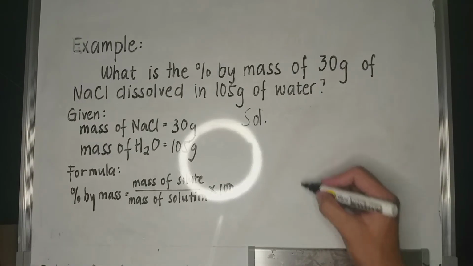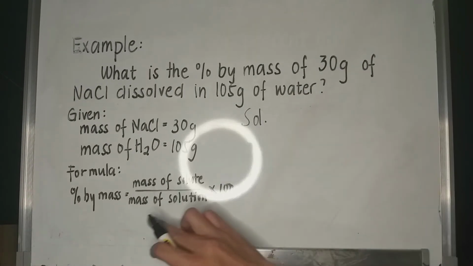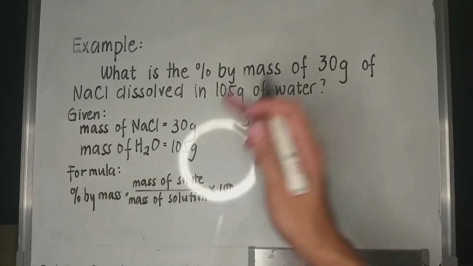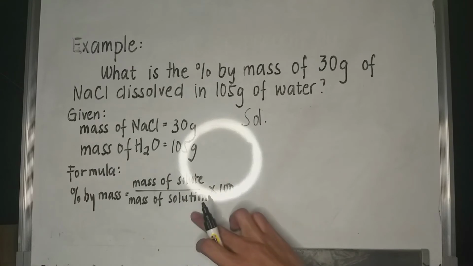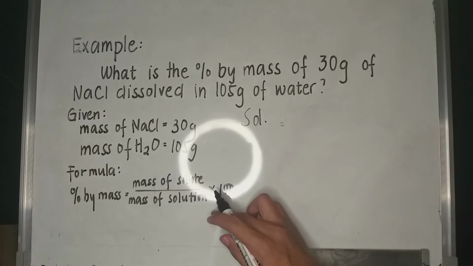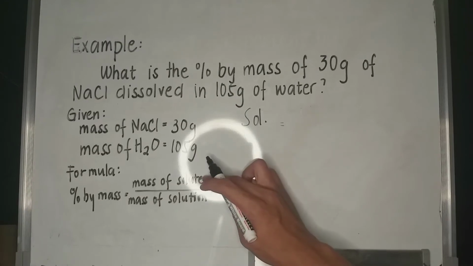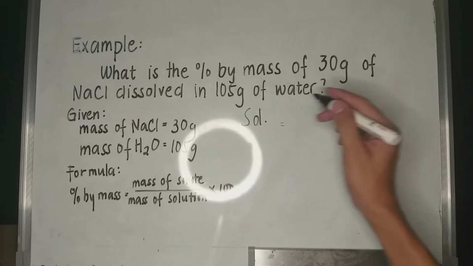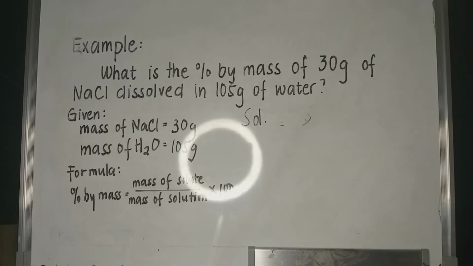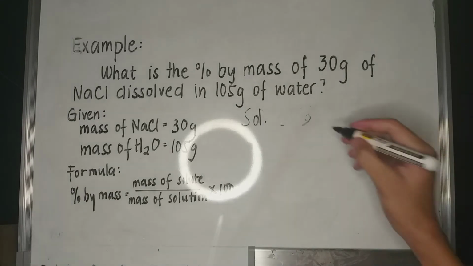Then proceed to the computation or solution. So the formula here is percent by mass equals mass of solute divided by mass of solution multiplied by 100. So substitute the given to the formula. So what is the mass of solute? It is 30 grams of sodium chloride.